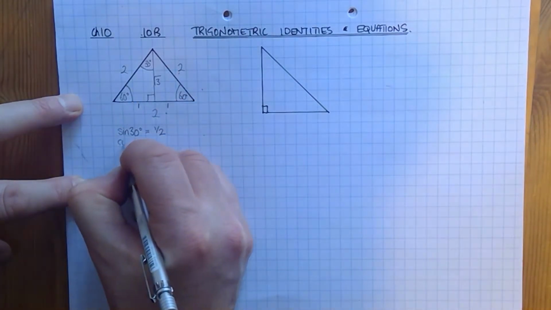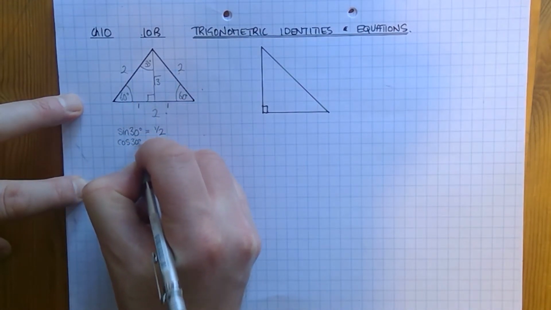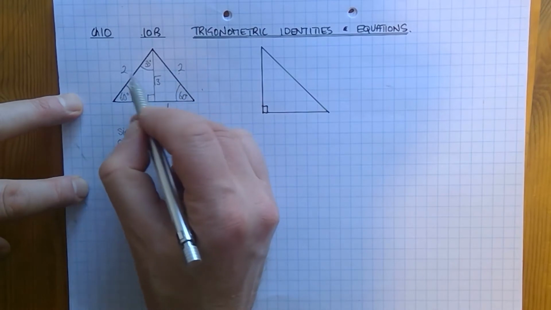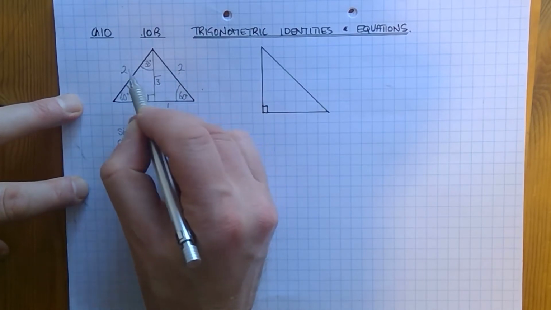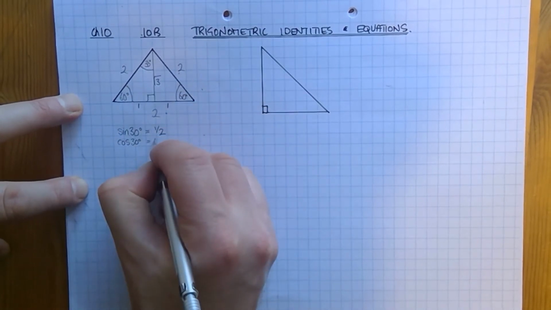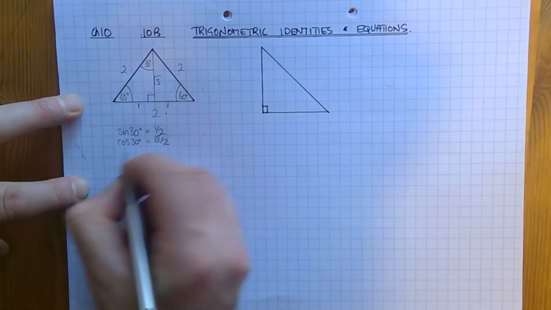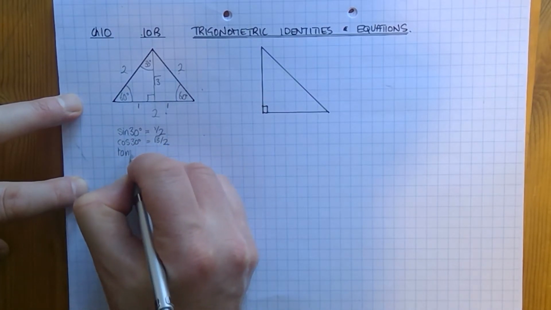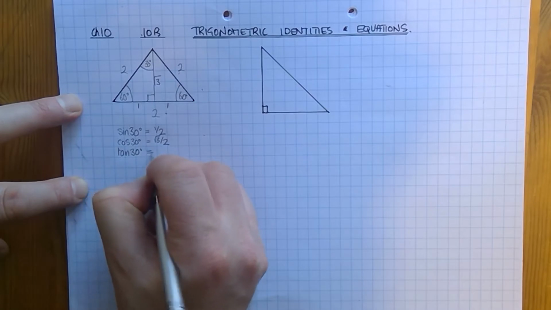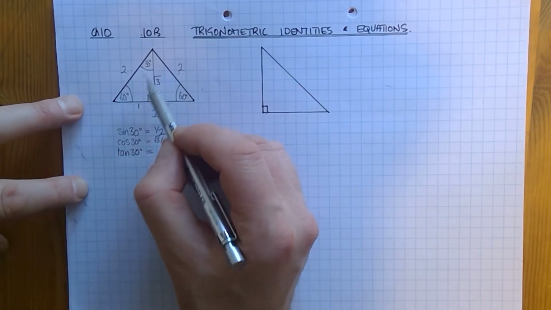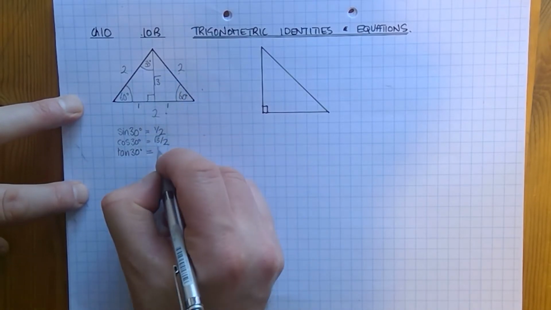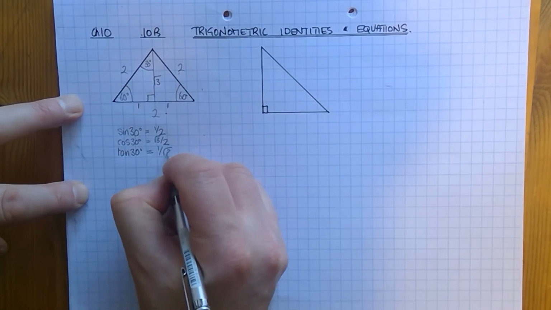Cos of 30 is adjacent over hypotenuse, root 3 over 2. And tan of 30, tan is opposite over adjacent, 1 over root 3.